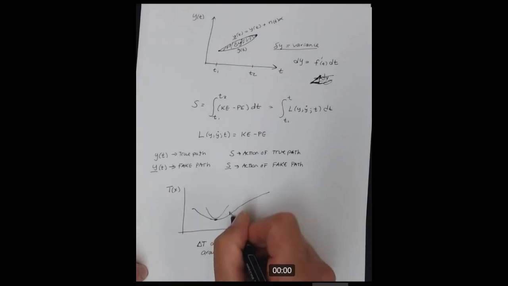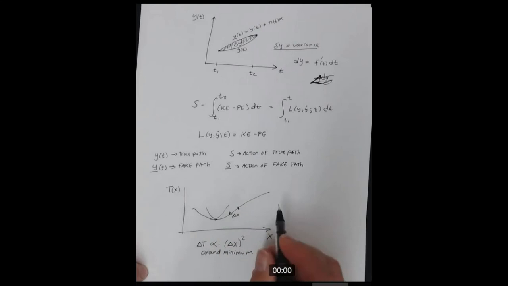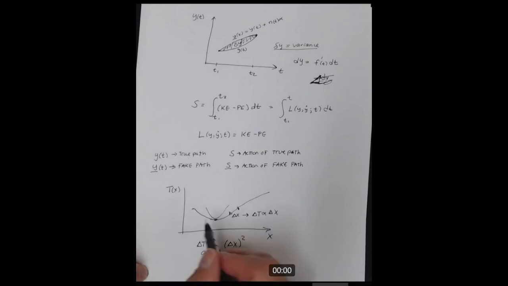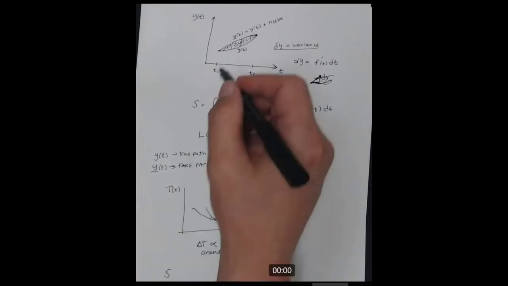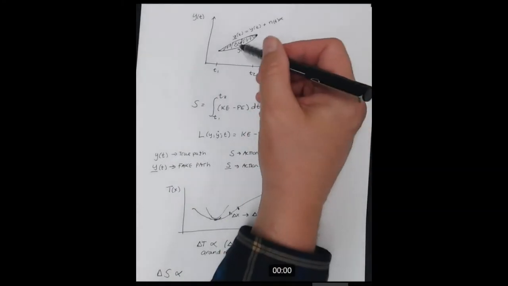When you get farther out here, it might be proportional just linearly with change in x. But around the minimum, it's proportional to delta x squared, a quadratic. So why am I bringing that up? It's because when we're trying to minimize S, when we're around the minimum of whatever S is, the change is going to be proportional to our deviation.